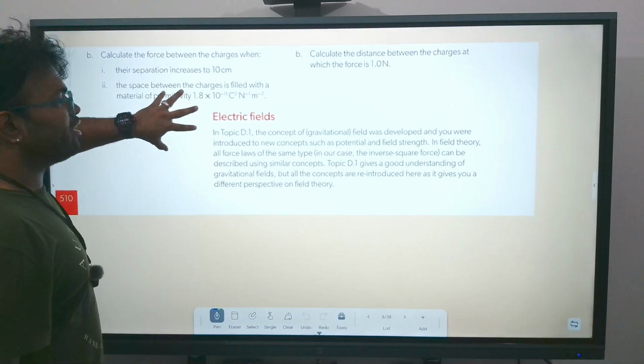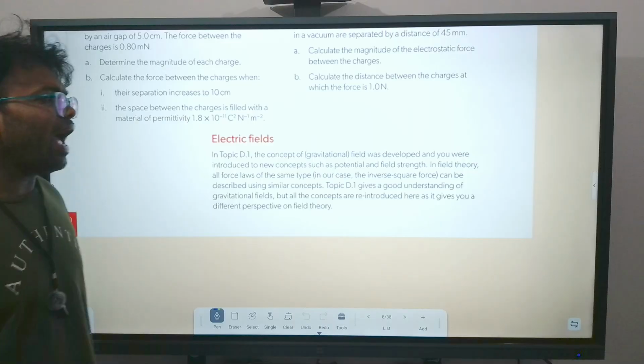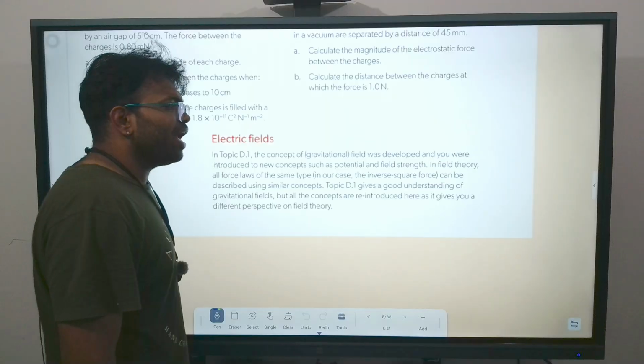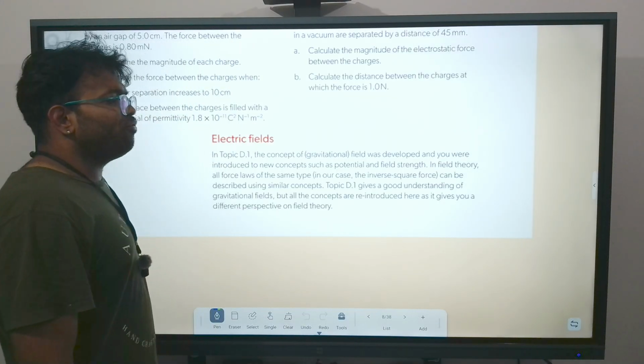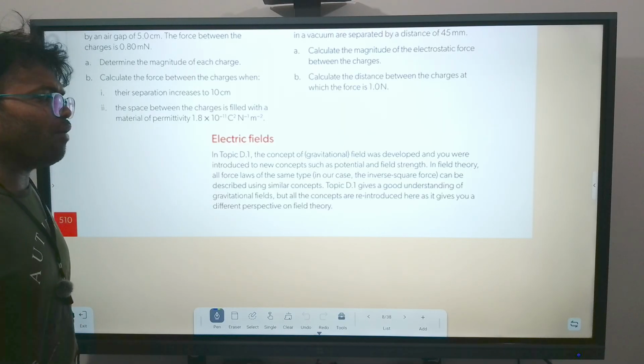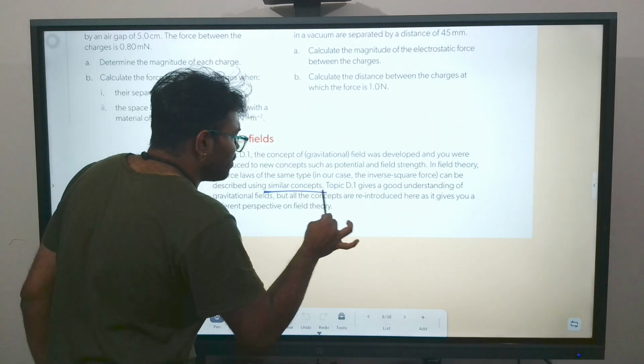In topic D1, the concept of gravitational field was developed, and you were introduced to new concepts such as potential and electric fields. Now, in field theory, all forces of the same type, in our case the inverse square forces, can be described using similar concepts.